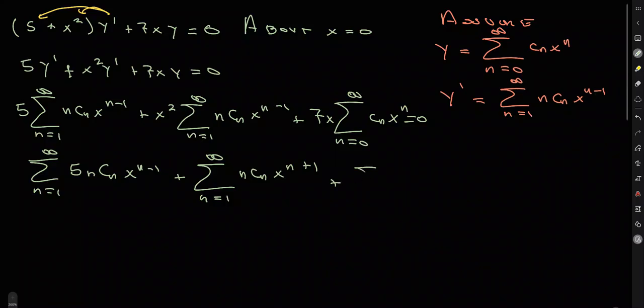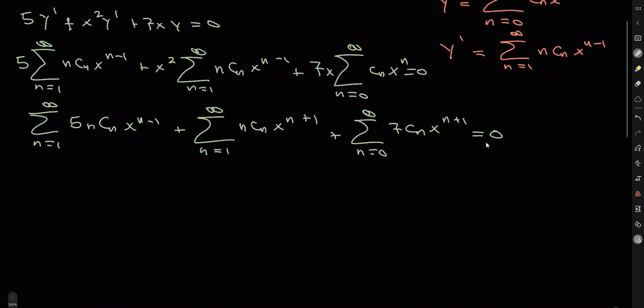And then plus sigma n equals 0 to infinity of 7 c sub n x to the n plus 1, because x to the n times x to the first, that's x to the n plus 1. And let that be equal to 0.